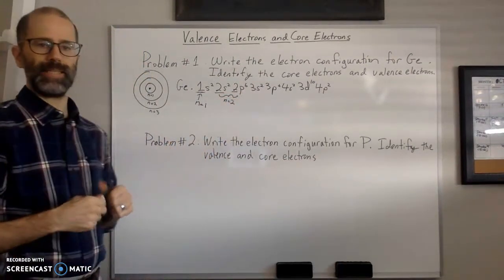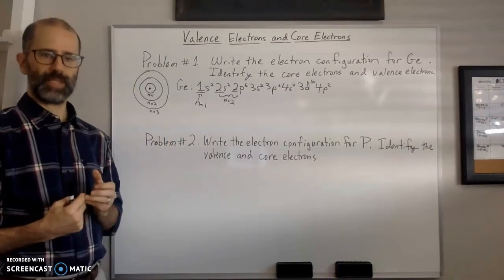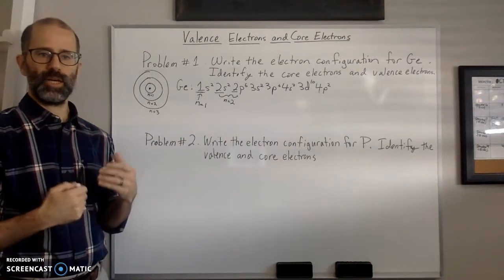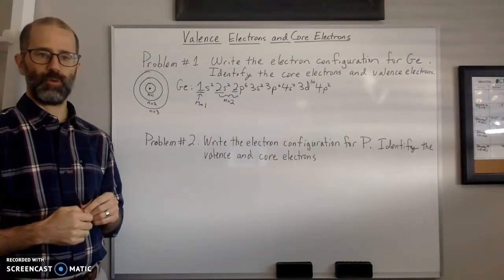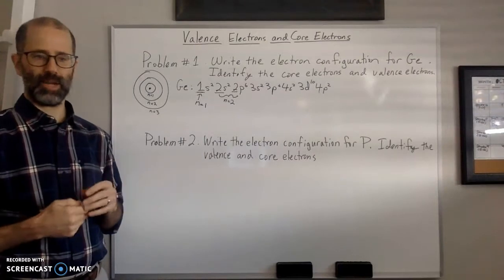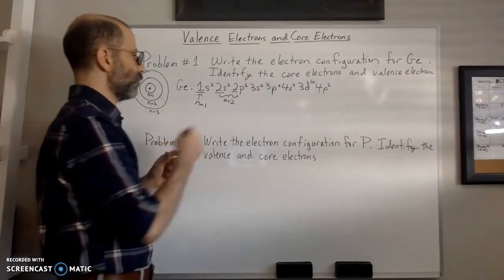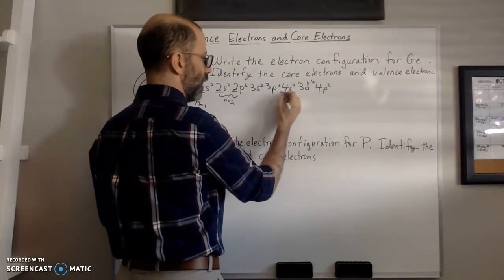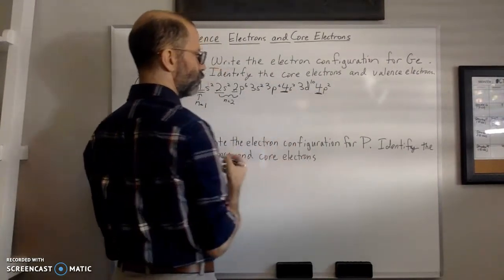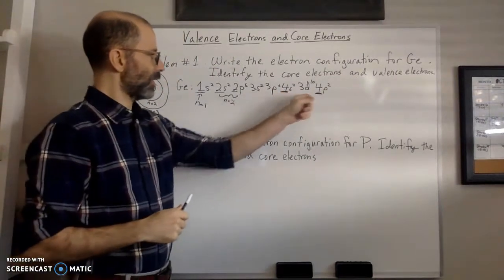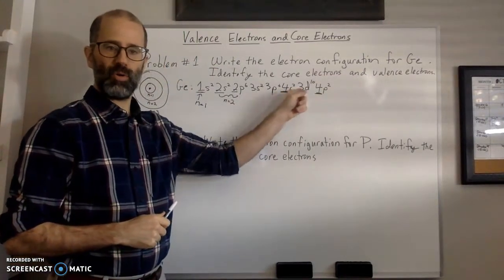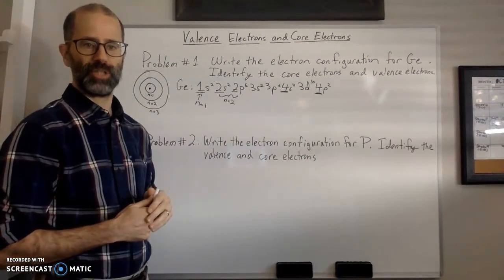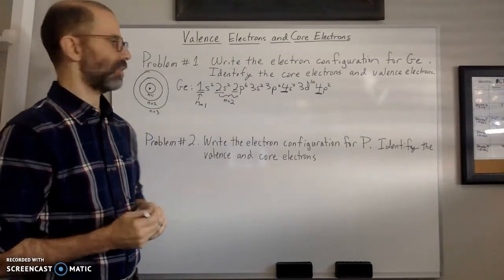So when you want to identify the valence electrons in your electron configuration, you're looking for the largest number. And you're looking for the subshells that have that largest number. So you'll notice here we have 3, we have 4, and 3, and then 4. So the largest energy level that we reach is 4. So any electrons that are in those sublevels that have that energy level, those are going to be your valence electrons.